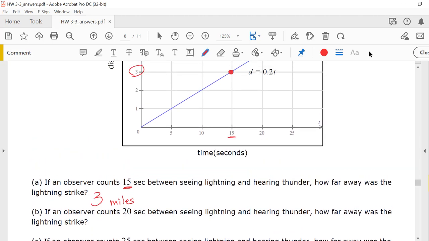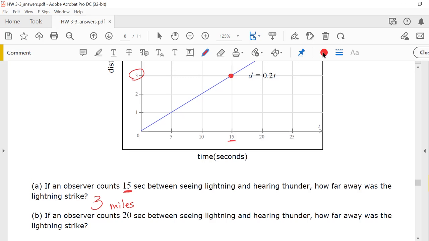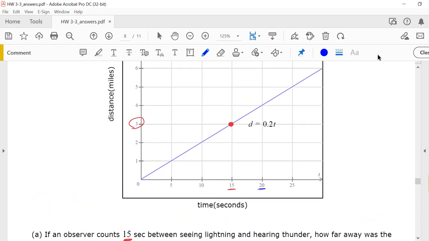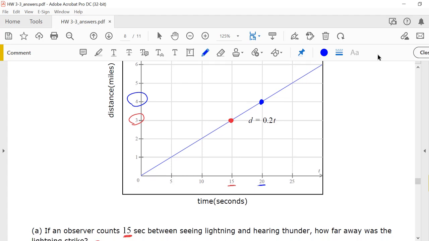If an observer counts 20 seconds between seeing the lightning and hearing the thunder, how far away was the lightning strike? So if it were 20 seconds, we'd go here to 20. We'd go up to our function, find our point, and now let's go over to the y-axis, and we see that it's 4 miles away.